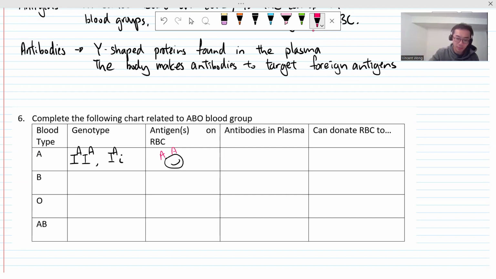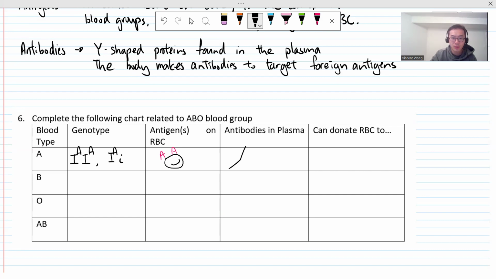Now, here's the million-dollar question. What kind of antibodies will a type A person make? Remember, you make antibodies for things that are foreign, for things that are not inside your own body.